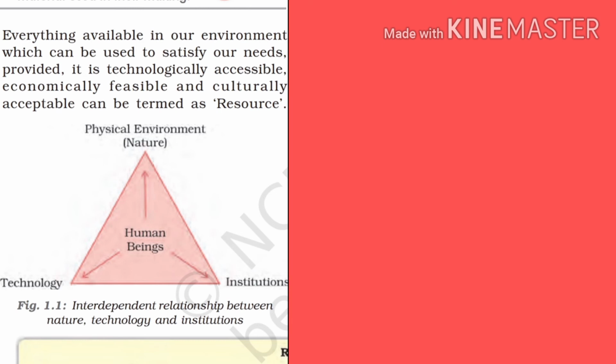In the same way, another example I am giving you is iron. We get iron in an iron mine. Human beings get iron from the iron mines, which are present in the physical environment, that is nature. How do we get this iron from those mines? With the help of technology we extract that iron. After extracting that iron from the iron mines with the help of machines, we send it to different institutions.